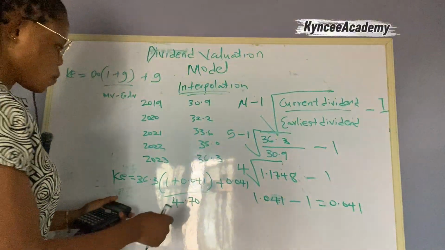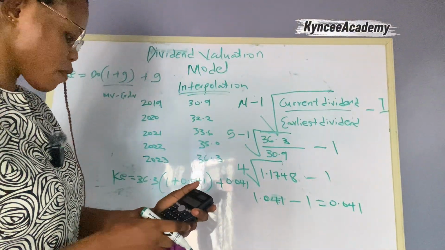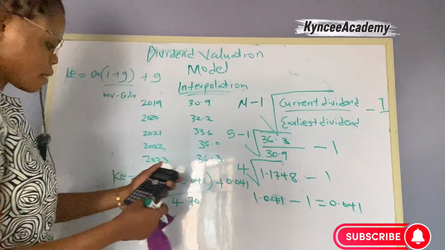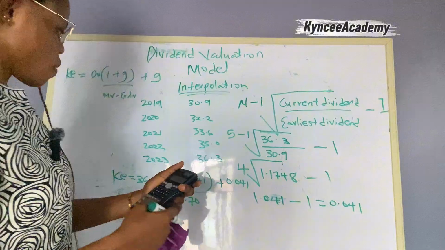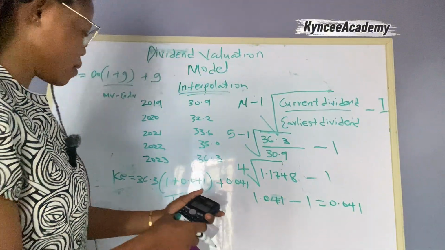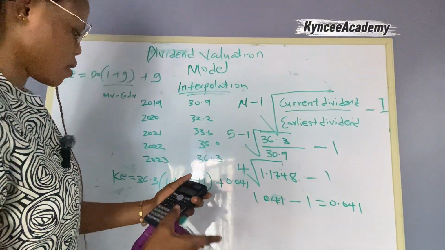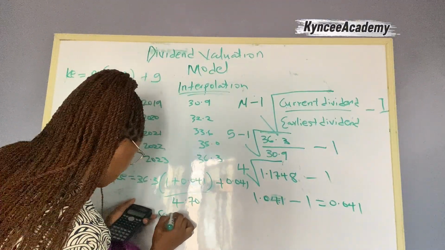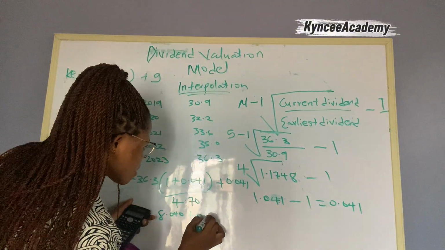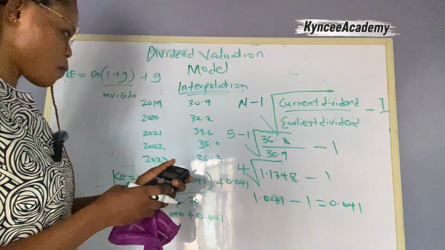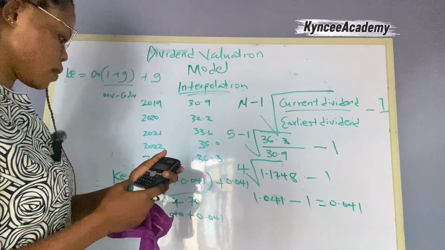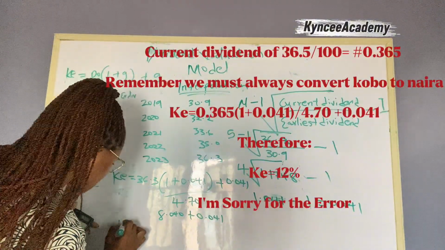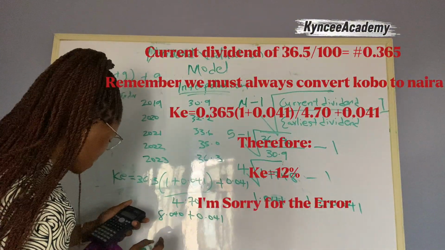So now we say 1 plus 0.041, times 36.3. Okay, so we now divide the figure by 4.70. We have 8.040 plus our 0.041.